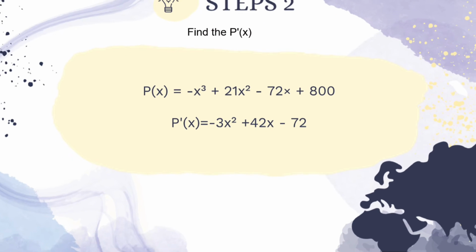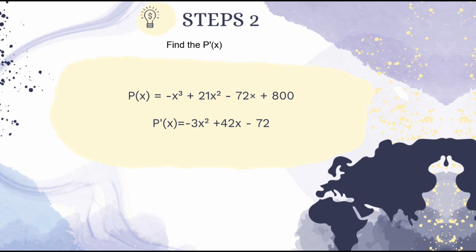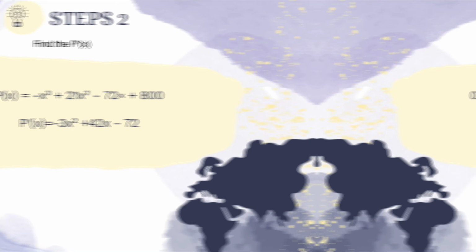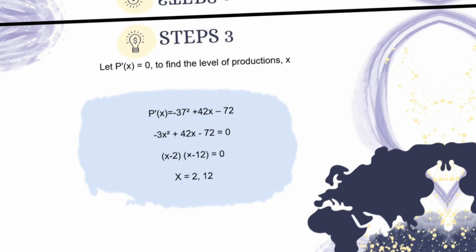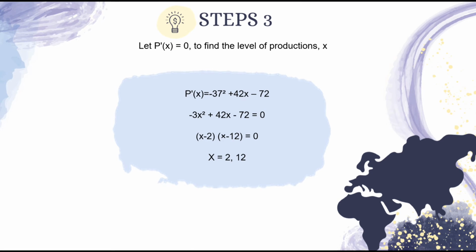Then the next step is to find P prime, and we will get P prime equal to negative 3x squared plus 42x minus 72. And for step 3, if we want to find the level of production x, we must let P prime equal to 0, and then we will get x equal to 2 and 12.